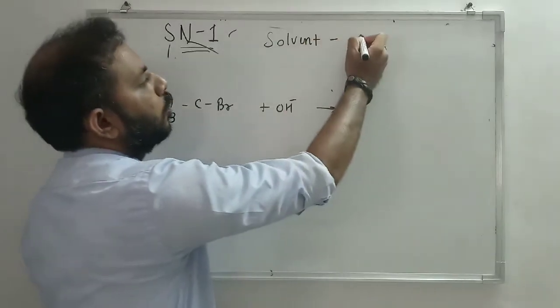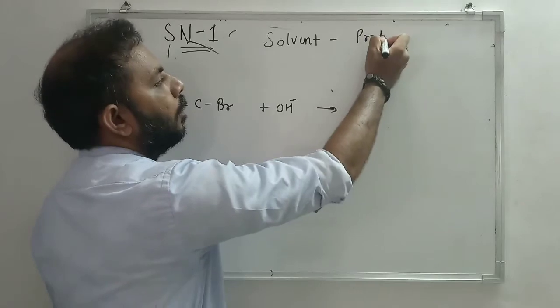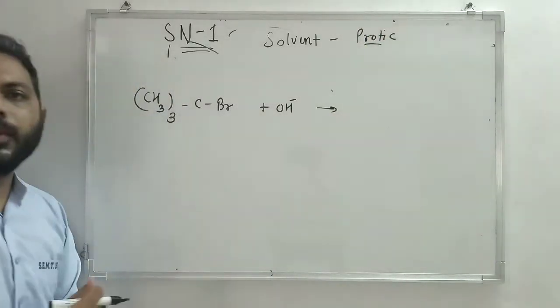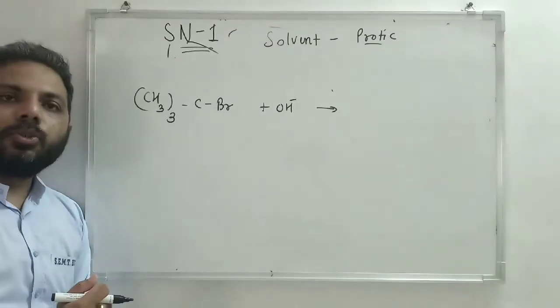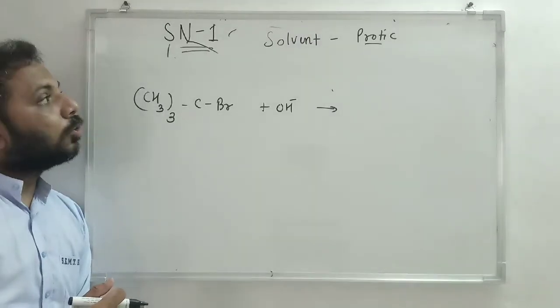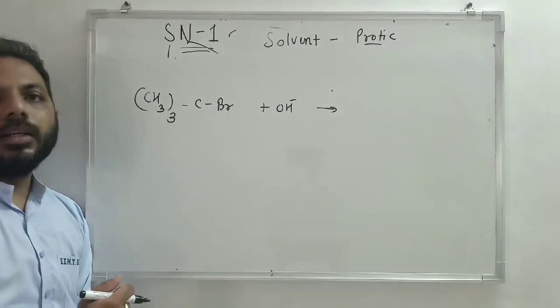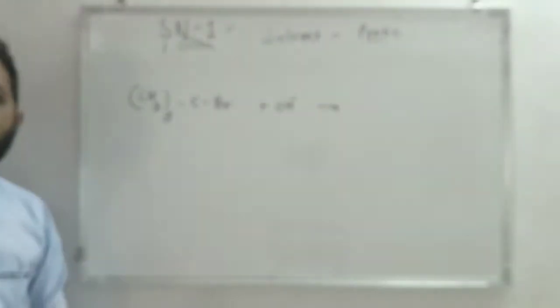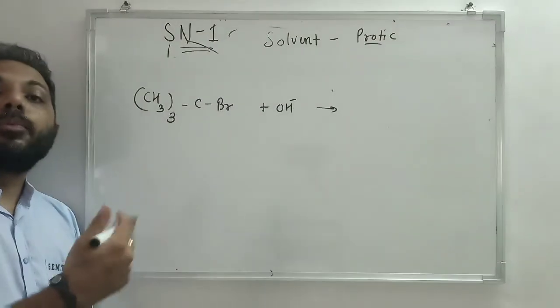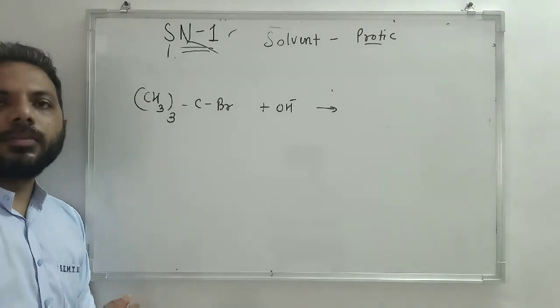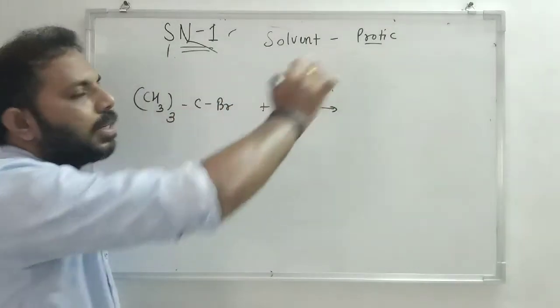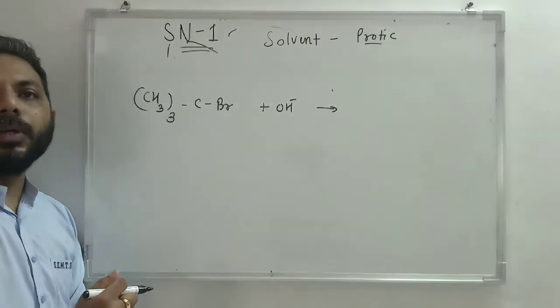What does it mean? For this reaction to be carried out, the solvent which is being used should be protic. Protic means it should have proton, it should have H plus. So solvent must possess H plus, proton, protic.